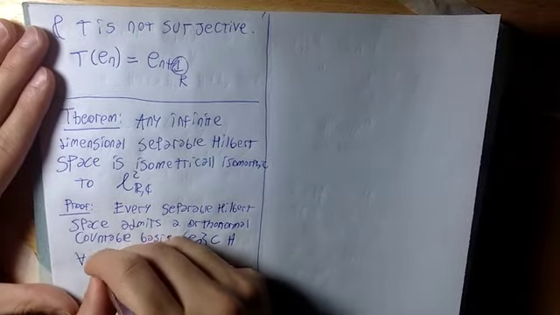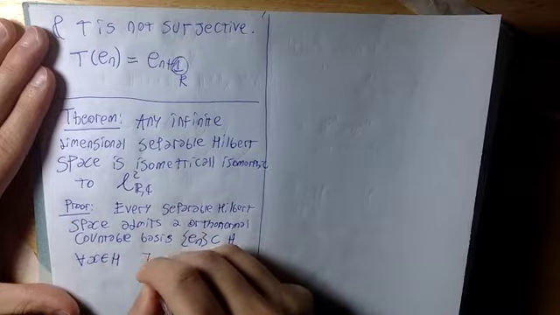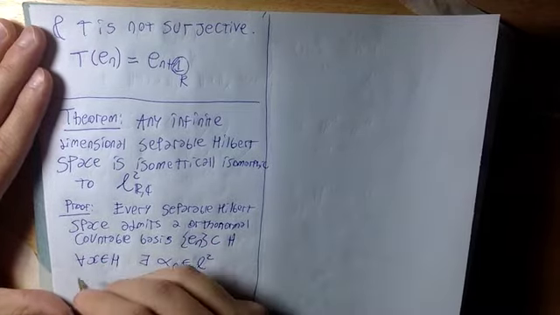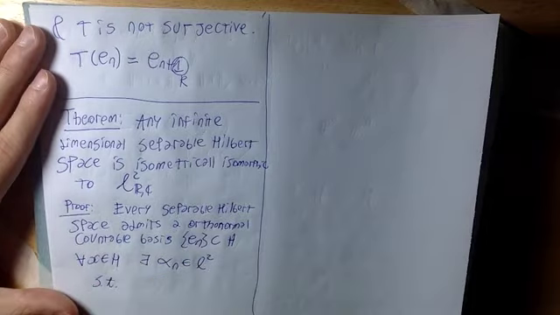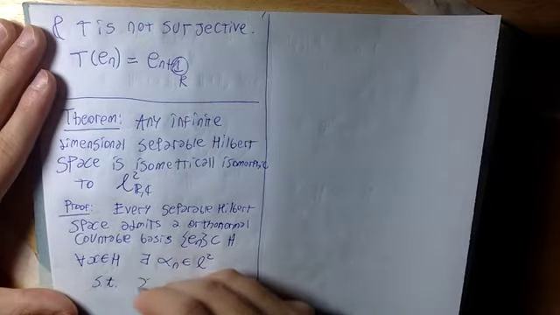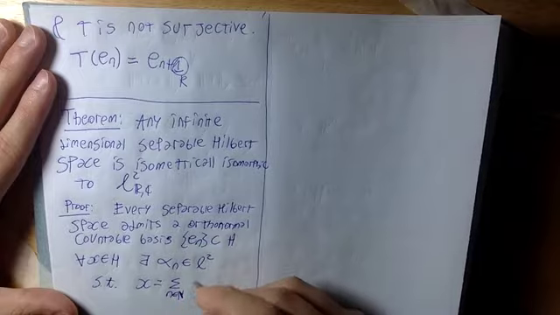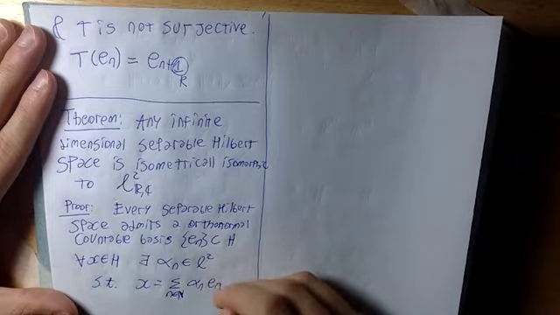It means that for every x in H, there exists alpha n in little l2 such that x is equal to the sum over n in N of alpha n En.